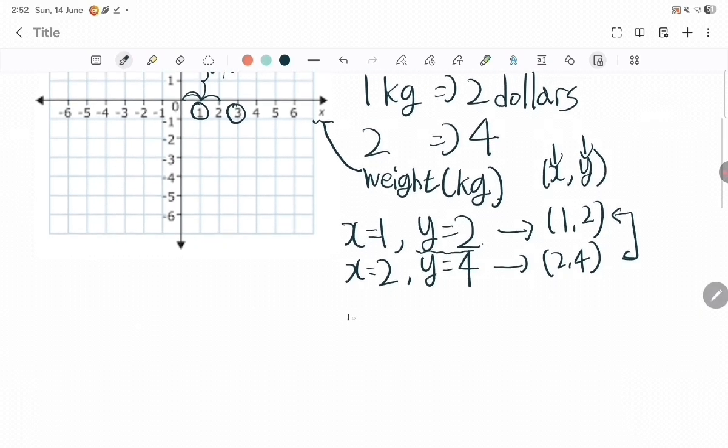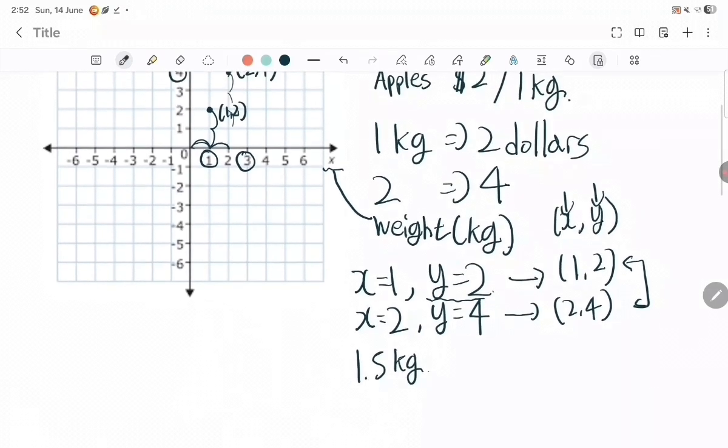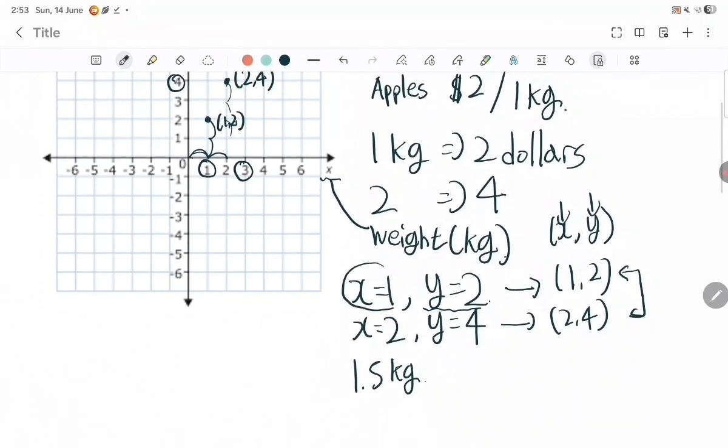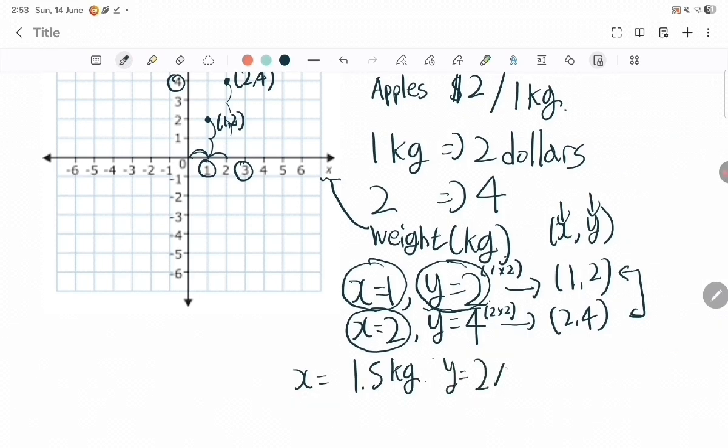That means if you buy 1 kilogram, then you have to pay $2. So basically it's like 1 times 2. If we want to buy 2 kilograms, then you have to pay 4. It's like 2 times 2. Then probably when x equals 1.5, then y equals 2 times 1.5.